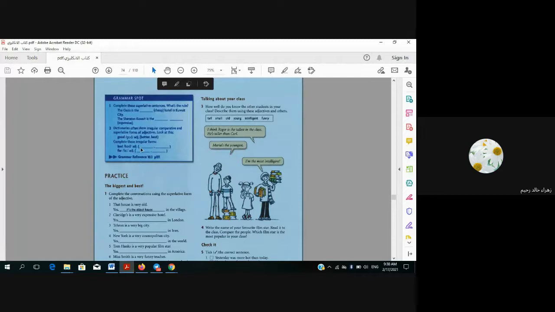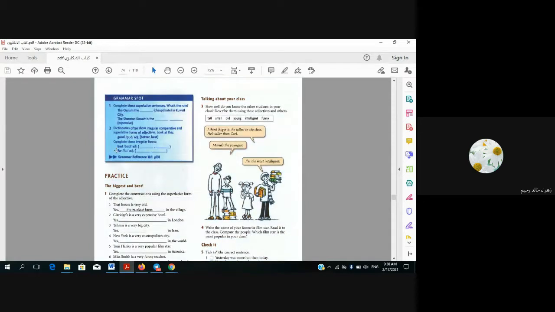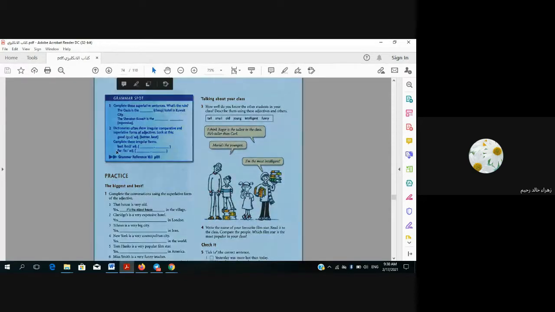Bad, comparative worse, superlative worst, ending with t. Far. Who knows the comparative and superlative of far? Far, further, farthest. Farthest, yes, very good.